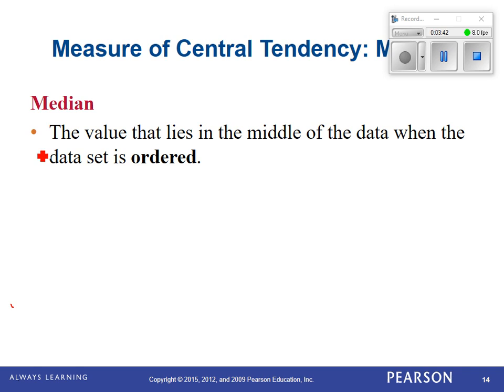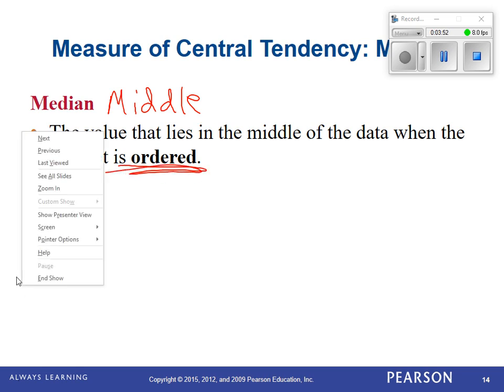Median, the middle number, so you got to put them all in order first. They have to be ordered, which makes it hard if you have a big long list, but on your calculators, if you put them all in a list, you can hit a couple of buttons and it'll put them in order for you.